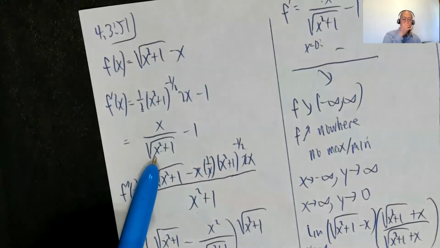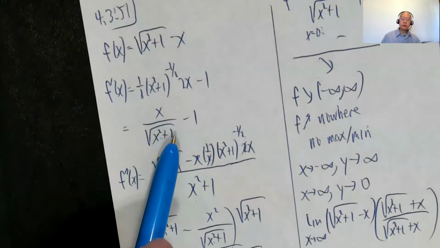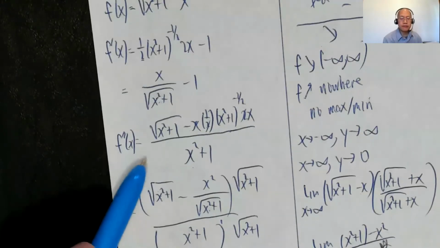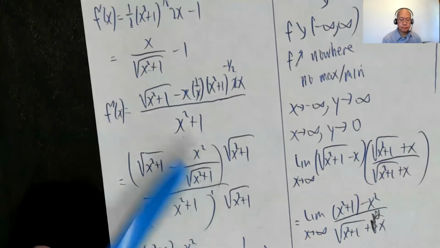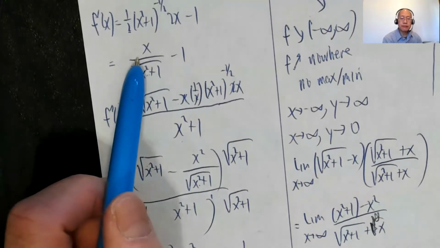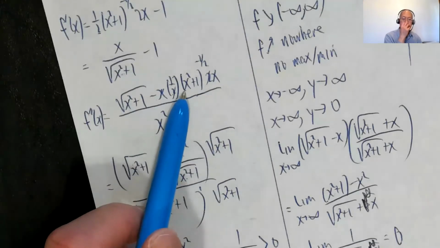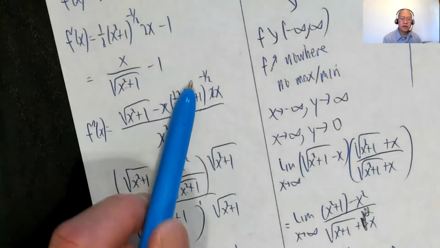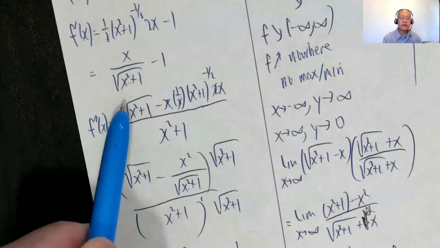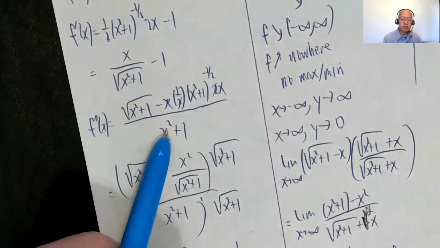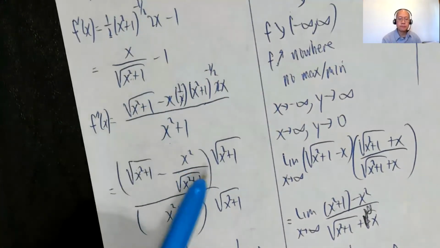That's x over radical x squared plus 1 minus 1. Then I do the second derivative. It's a little bit messy. Bottom times the derivative of the top, which is 1, minus the top times the derivative of the bottom, which is 1/2 times x squared plus 1 to the negative 1/2 times 2x, all over the square of the denominator, x squared plus 1. And the derivative of negative 1 is 0.